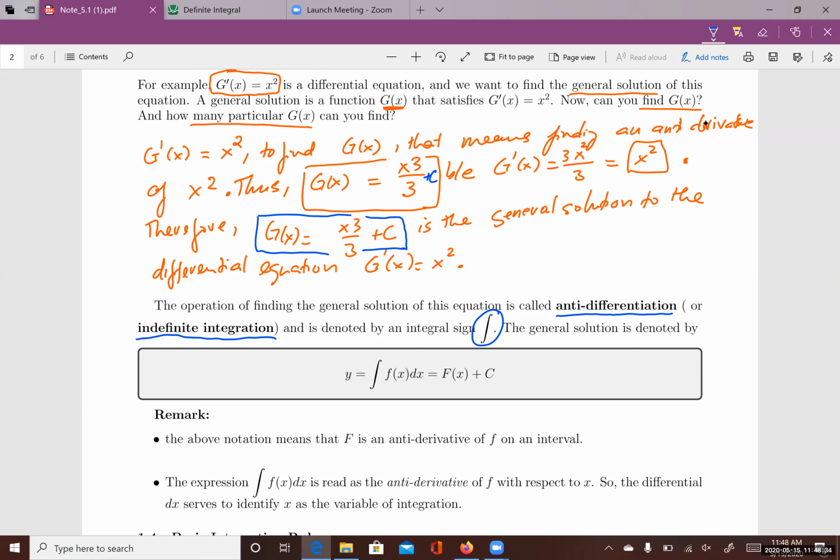So the general solution is denoted by y equals the integral of f of x dx, and it equals the antiderivative function of f of x plus a constant c.